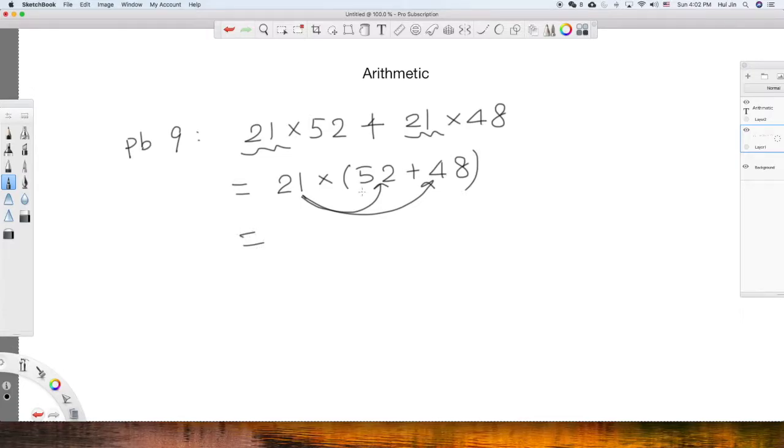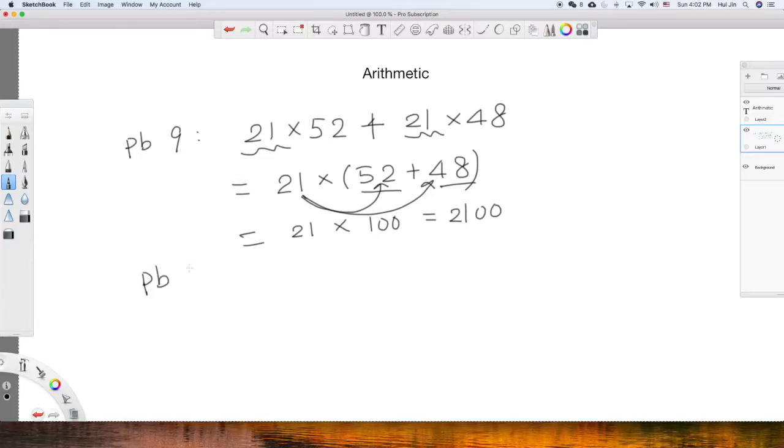And now you realize 52 plus 48 equals 100, so this equals 21 times 100, and this equals 2100, right? Of course, the numbers are constructed so you have a simple answer. And that's the beauty of those kinds of problems. Once you get this, you know that your answer must be right.